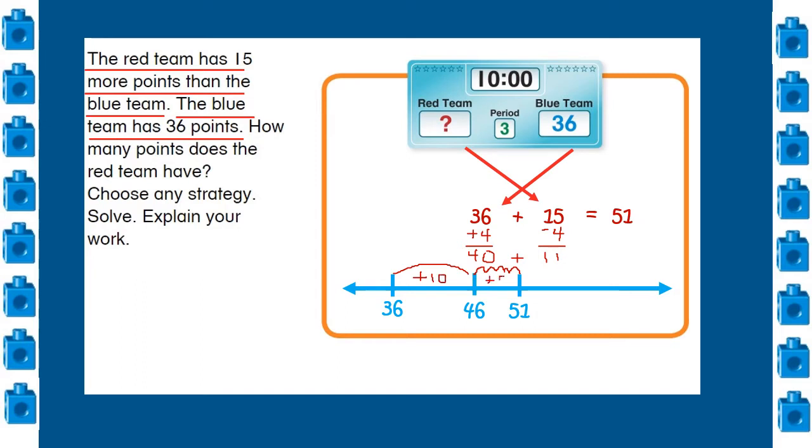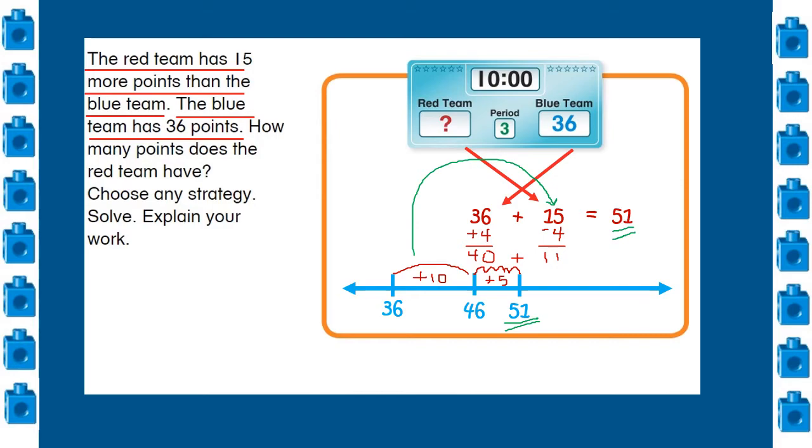Well, 10 plus 5 is 15, which is what we're adding. Now, no matter what we do, we'll still get 51. Okay, we just have to go very slowly, and some of these word problems can get very long.